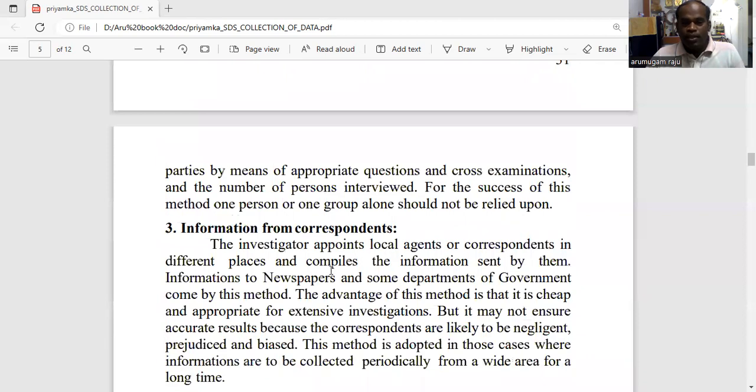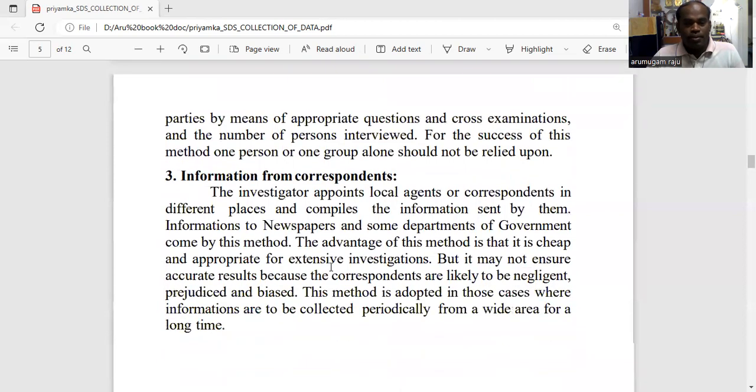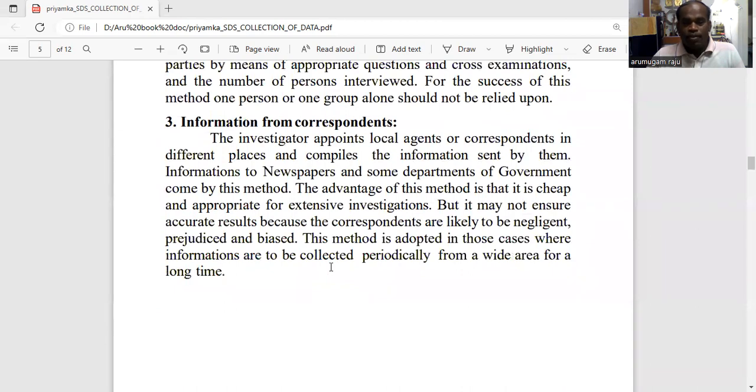So the next method is information from correspondence. The investigator appoints local agents or correspondents in different places and compiles the information sent by them. Information to newspapers and some departments of governments comes by this method.